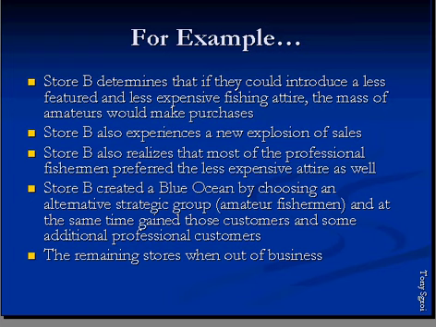Store B also experiences a new explosion of sales. Store B also realizes that most of the professional fishermen prefer the less expensive attire as well. Store B created a blue ocean by choosing an alternative strategic group, this group being the amateur fishermen, and at the same time gained those customers and some additional professional customers.